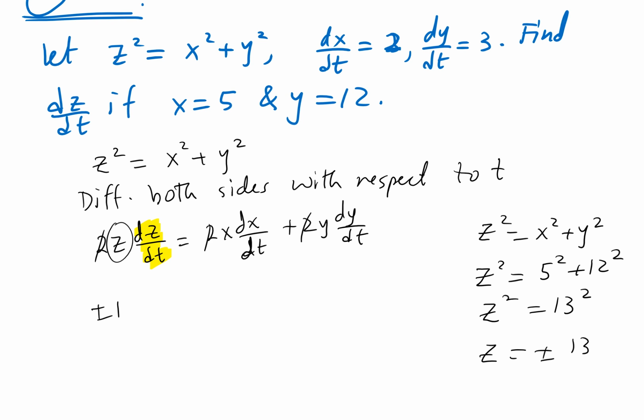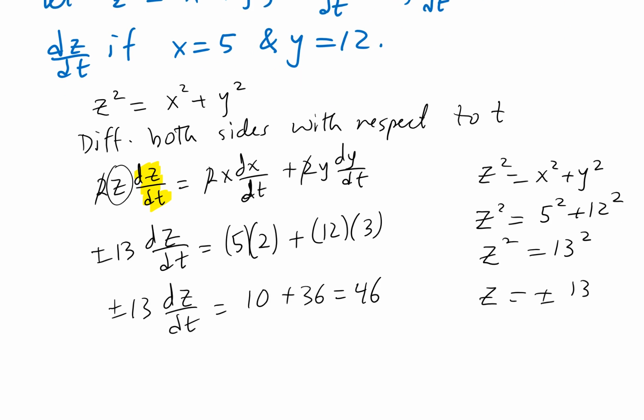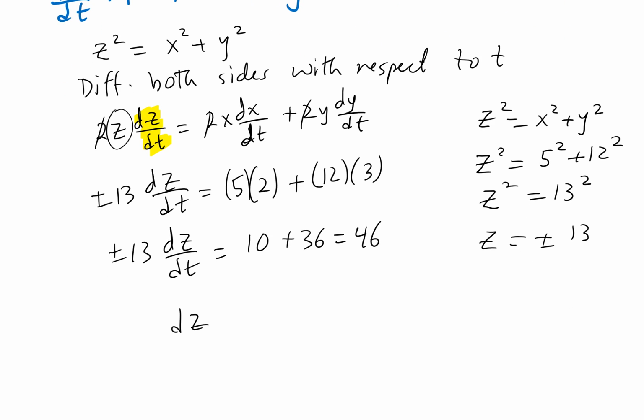So plus or minus 13 dz/dt equals, x is 5, dx/dt is 2, y is 12, and this one is given, dy/dt is 3. So plus or minus 13 dz/dt equals 10 plus 36, which is 46. So then dz/dt is 46 divided by plus or minus 13.